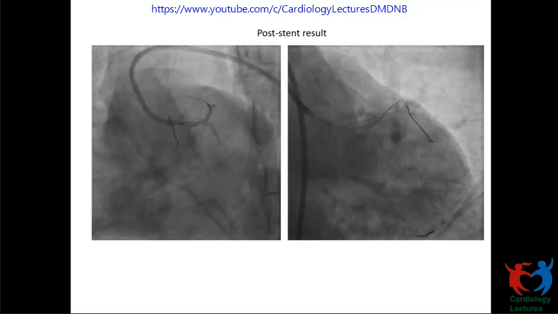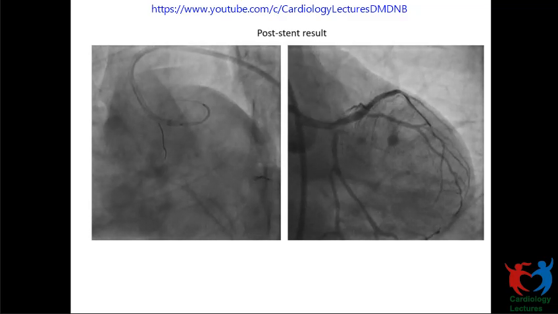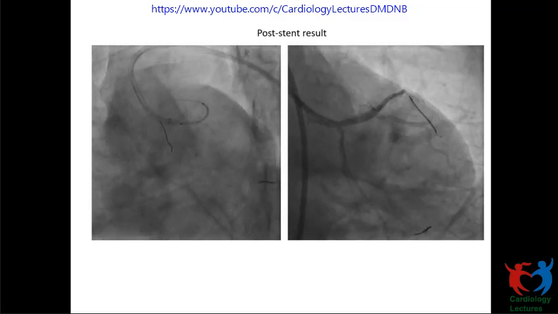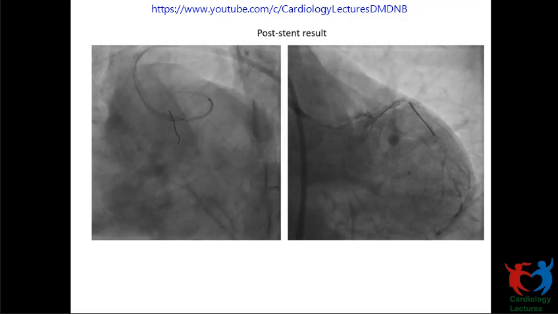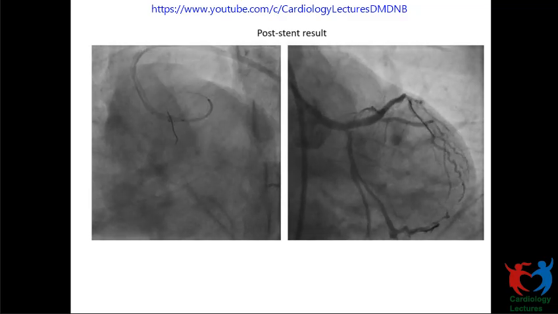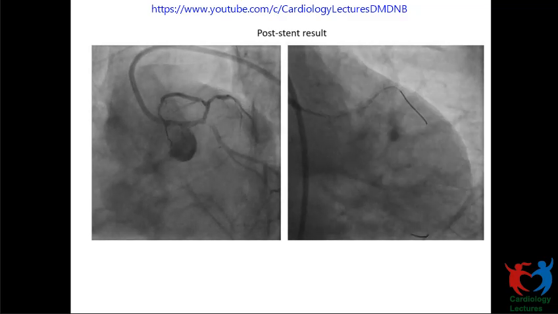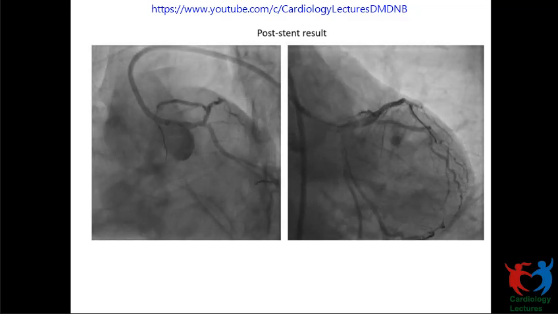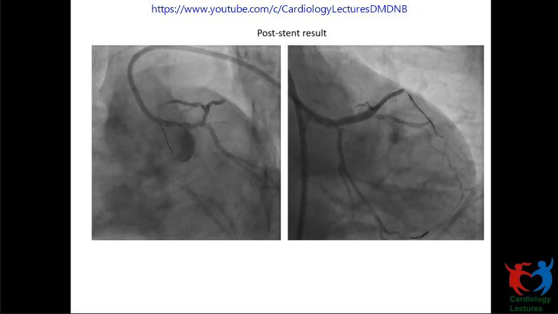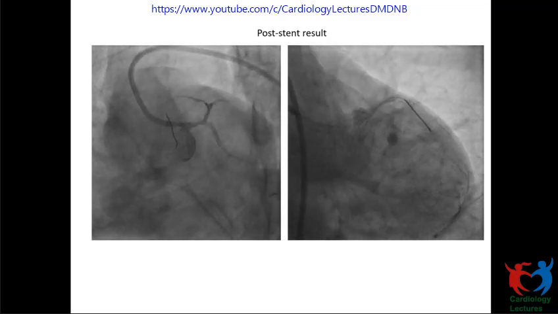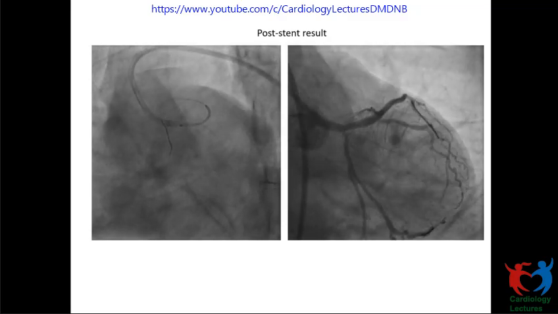The main thing here, as madam is mentioning, is what is the size of the balloon we are going to use. Using a smaller size of balloon just to prepare a bed is not sufficient. If you really want to prepare a bed, it should be a 1:1 ratio. Especially in the left main, we have to go to 1:1.